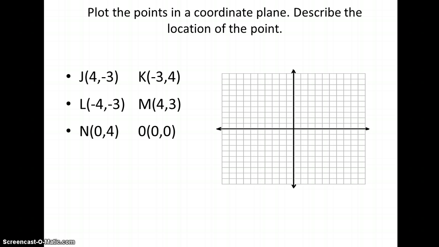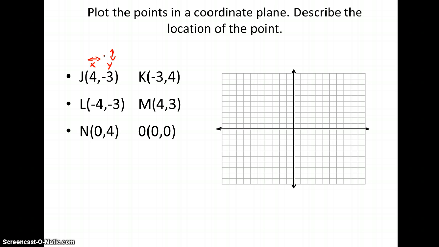Example 2. Plot the points in the coordinate plane. Describe the location of the points. For J, we have the point 4, -3. Remembering that each coordinate has an x part and a y part, the x portion of it will tell me to move left and right, while the y portion will tell me to move up and down.